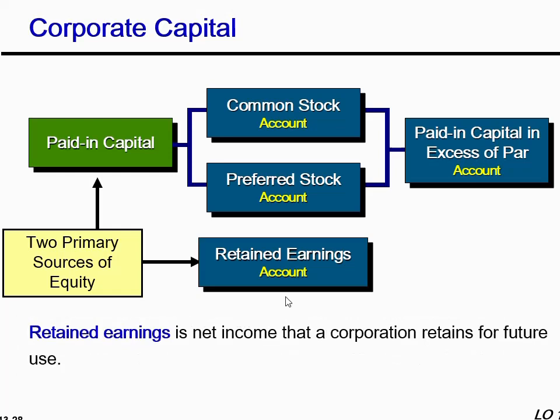Whereas retained earnings, as its name says, retained, they are kept in the business, they are not distributed as dividend. So when the companies have net income, some part of the net income is distributed to the owners as dividend, but some part is retained in the business for future uses. So the part of the profit which is not given to the owners as dividend, that is known as retained earnings.